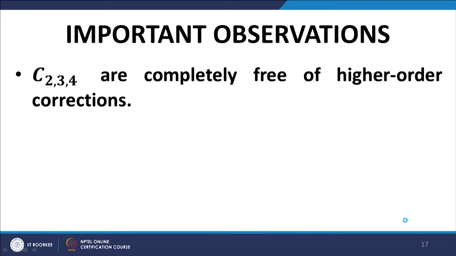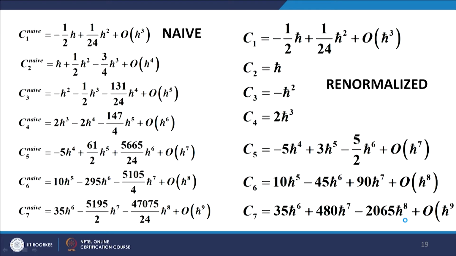The second part of the story is that if you look at the relative values, the naive values that we use without renormalization and the values that we used with renormalization, you find that the differences are much less in the case of renormalization vis-a-vis the values that are worked out on the naive basis.